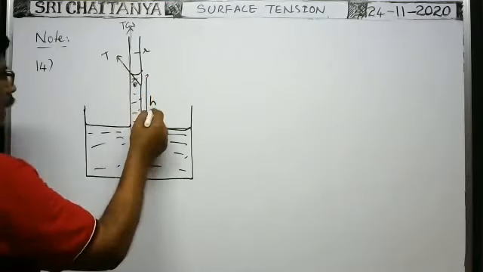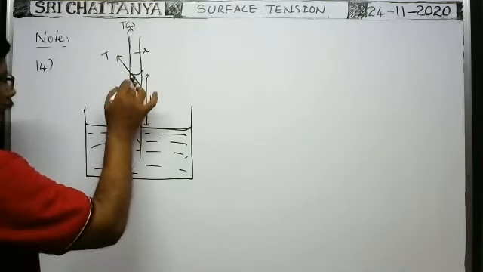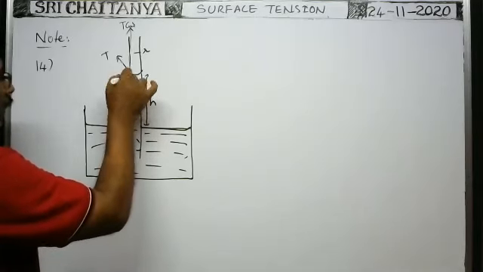Suppose the capillary is this one. Force due to surface tension acts on the liquid column, that is, on the meniscus, in a vertically upward direction.